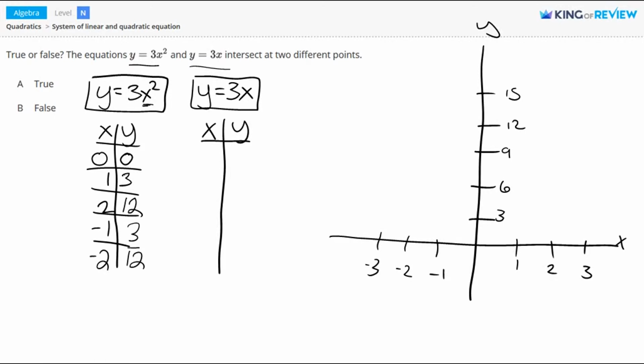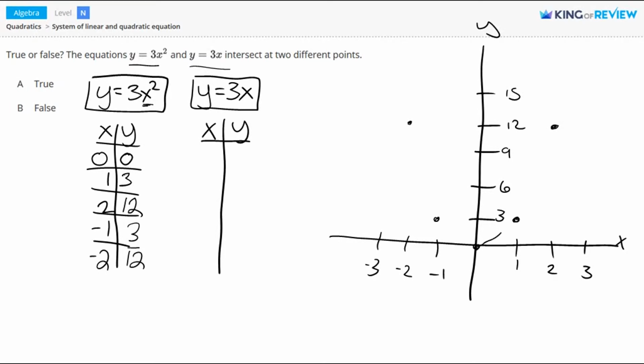So the first point is at 0, 0, that's right here. We have a point at 1, 3, which is right here. We have a point at 2, 12, right here. There's a point at -1, 3, which is right here. And we have a point at -2, 12, right here.